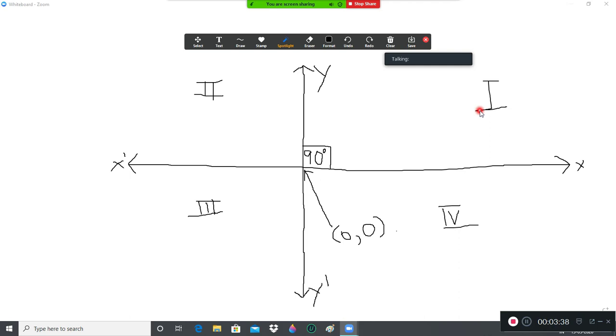Everyone would know that this one is the positive part, it's the origin. Here is the same thing mirrored. The positive is mirrored to the opposite side, so it's nothing but negative.